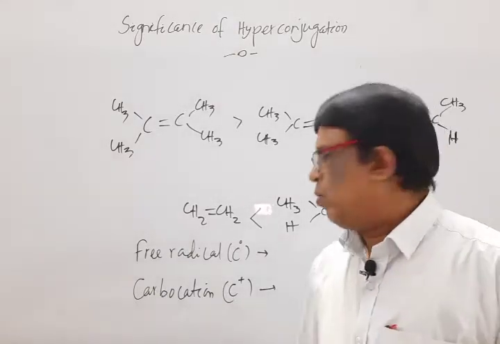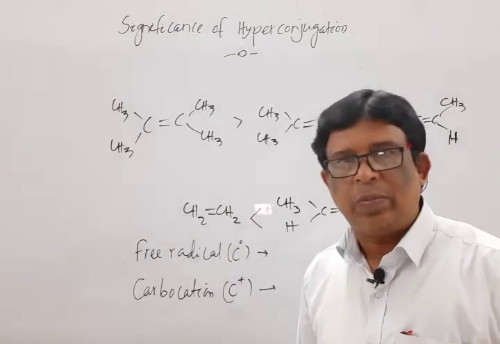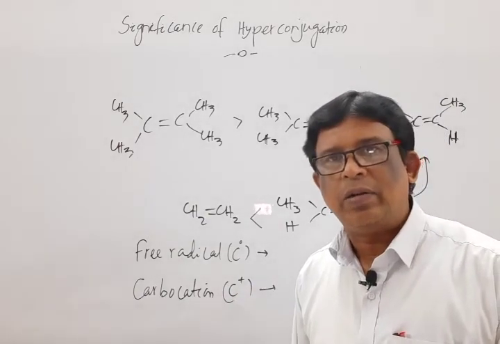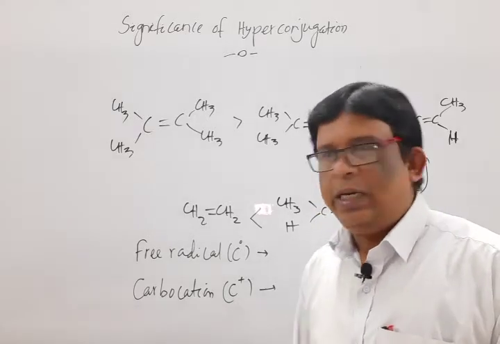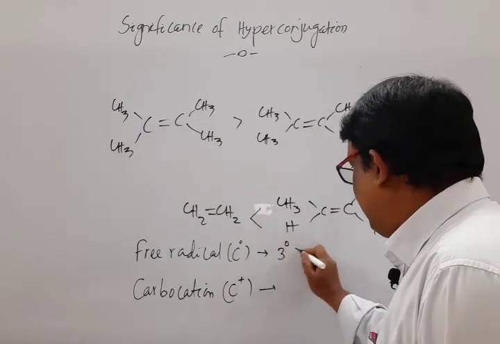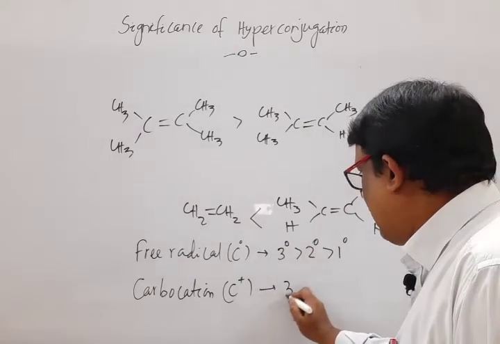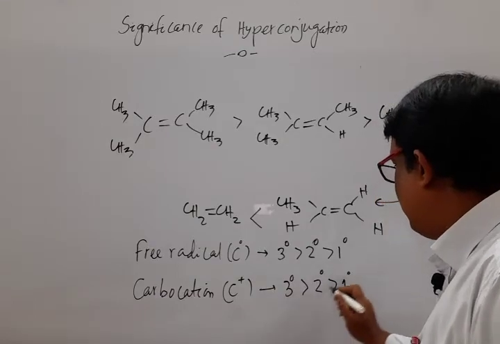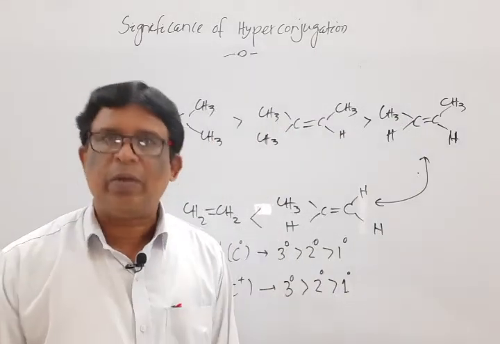One lone electron present on a carbon atom is known as a free radical, and a positively charged carbon atom is known as a carbocation. If we discuss the stability, then it is 3 degree, 2 degree and 1 degree. Carbocation stability also decreases 3 degree, 2 degree and 1 degree. As we know, stability is inversely proportional to reactivity.